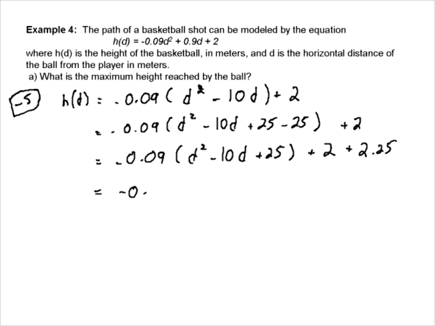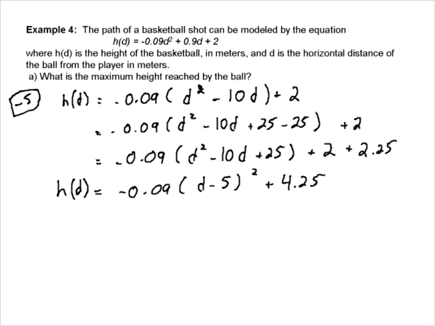And what's our equation when it's all said and done? Negative 0.09 times d minus 5 all squared plus 4.25. There is our equation. All we've done is manipulate it, complete the square on it, and get to this point.